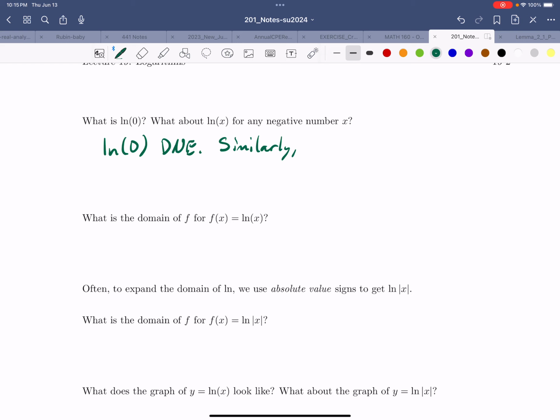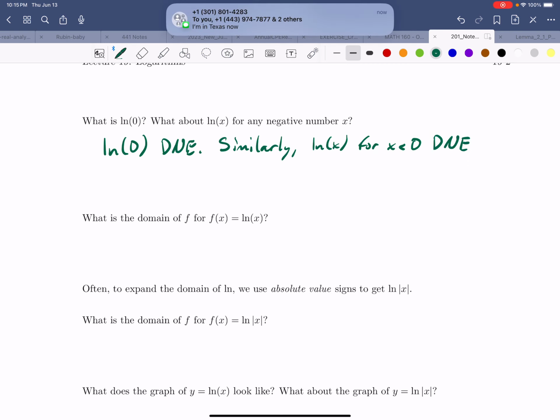Similarly, ln of x for x less than 0 does not exist for the same reason, because you can't raise e to a power and get a negative number.